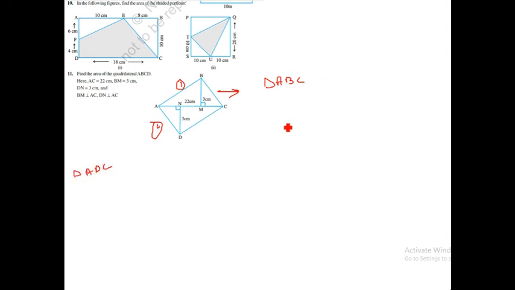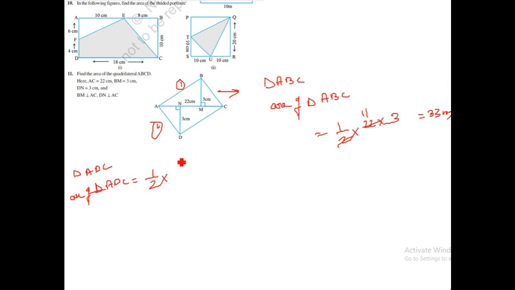So area of triangle ABC is equal to half into base, which is given as 22, into height, which is given as 3. If I cancel this, we have 33 centimeter square. Again in triangle ADC, the area of triangle ADC can be written as half into base, given as 22, into height, given as 3.